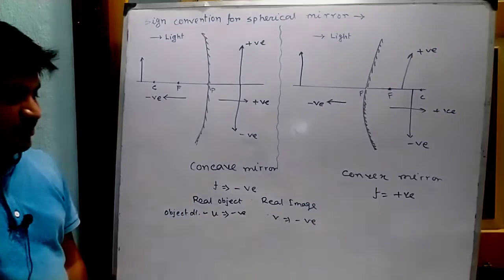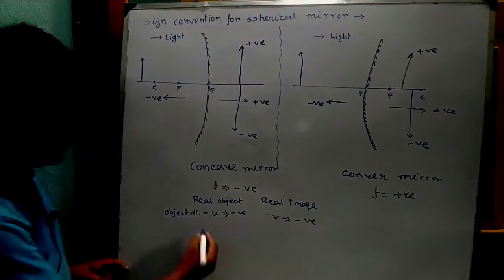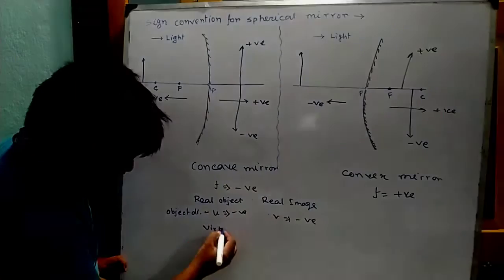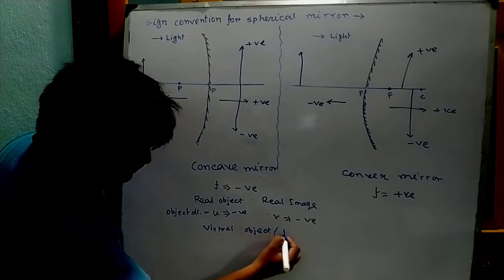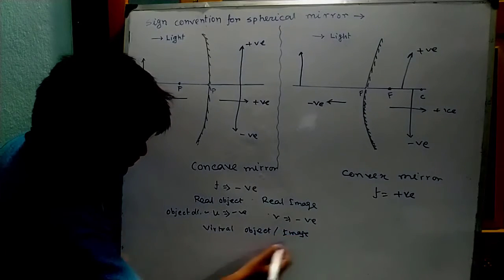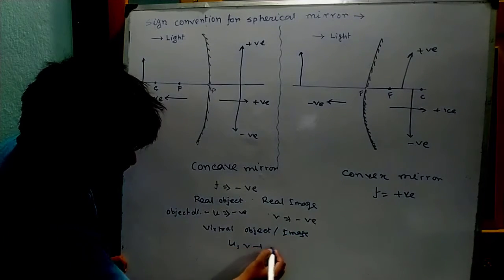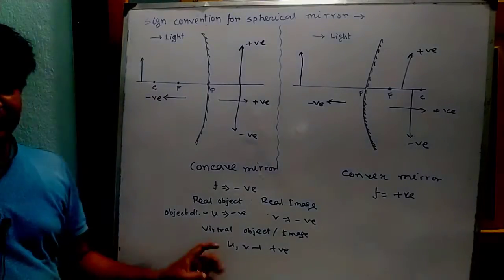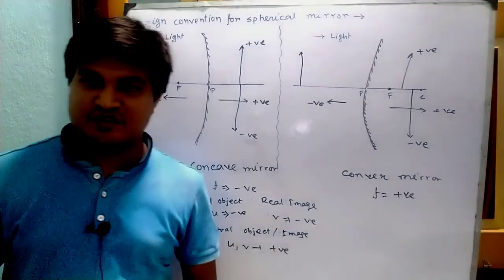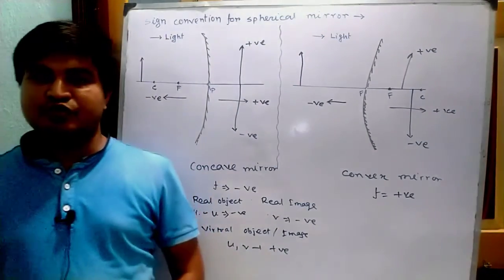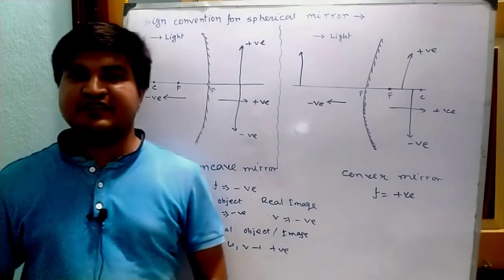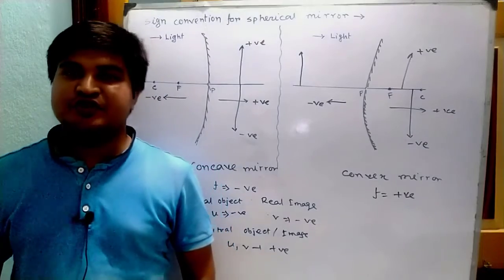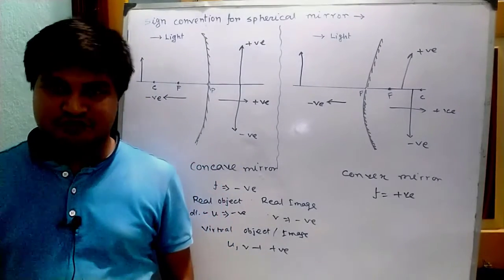In case of virtual object or virtual image, u and v both are positive. Clear? In case of real image or real object, both image distance and object distance are negative, and in case of virtual object or virtual image, both are positive.